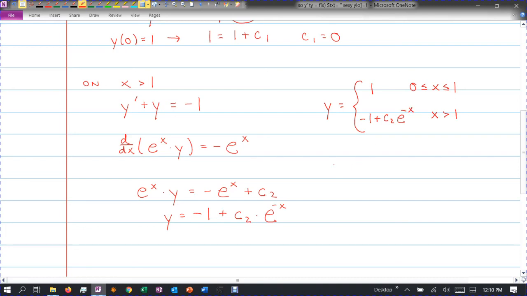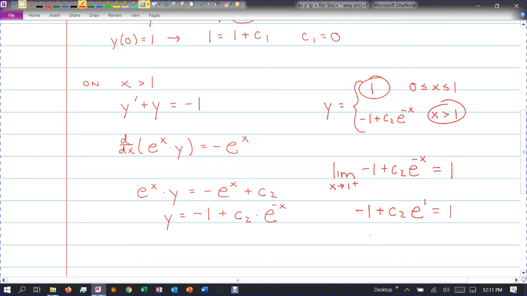So we need the limit as x approaches 1 from the right, because that would put us here, of negative 1 plus c sub 2 e to the negative x. We need that to be equal to what it is at 1, which is 1. And now when we take this limit and let x approach 1, we get negative 1 plus c sub 2 e to the 1 must equal 1.